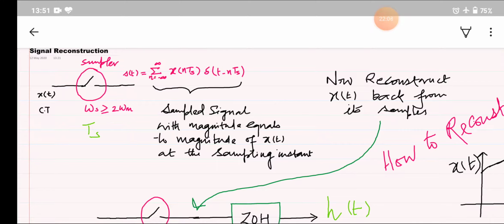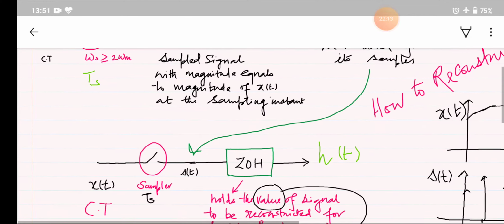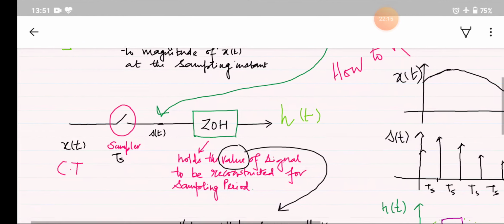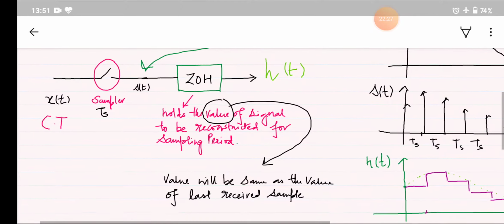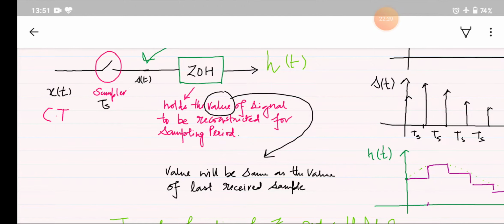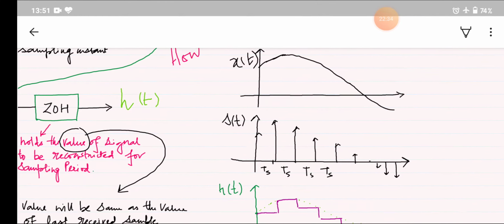Now we wanted to reconstruct the signal back from the sampled signal st. Okay, so here the main goal is how to reconstruct the signal. As st is a sampled signal, here the zero order hold circuit is used. The zero order hold holds the value of a signal to be reconstructed for the sampling period, which you can see here from this graph.